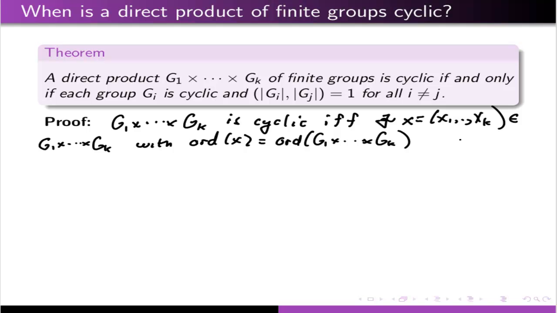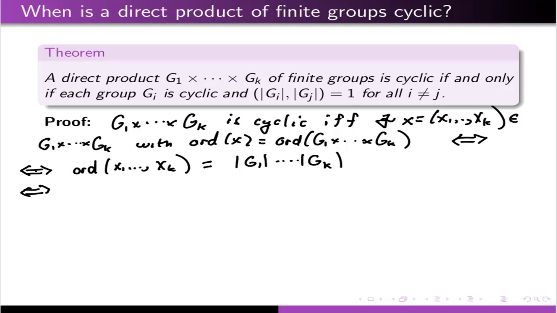Well, what does that mean? That's equivalent to saying the order of x, this k-tuple, equals the order of the Cartesian product. And what's the order of a Cartesian product? That's just the product of the group orders. And the lemma we just saw said the order of the k-tuple is the least common multiple.